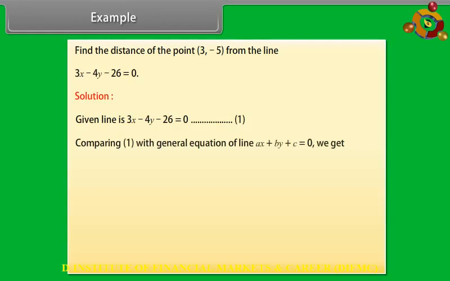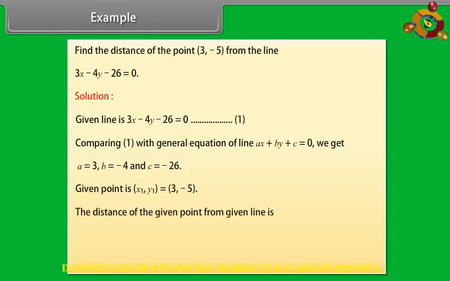Comparing 1 with the general equation of a line ax + by + c = 0, we get a = 3, b = -4 and c = -26. Given point is (x1, y1) = (3, -5). The distance of the given point from the given line is d = 3/5.